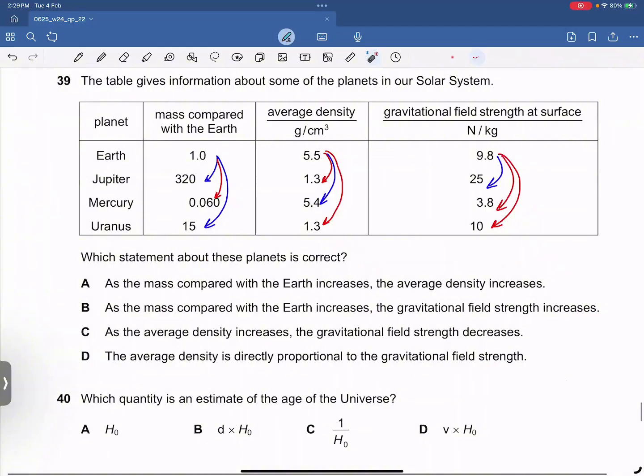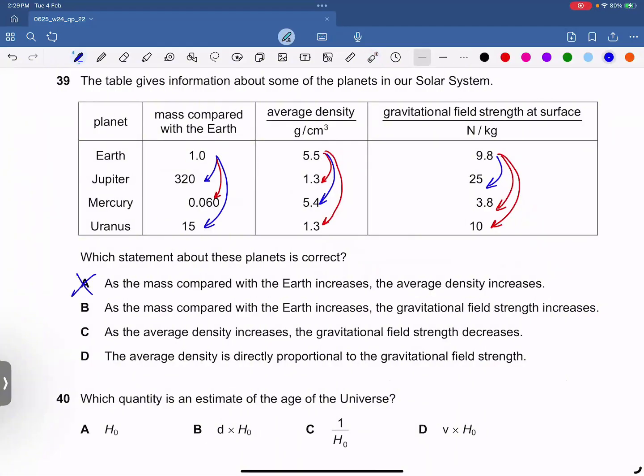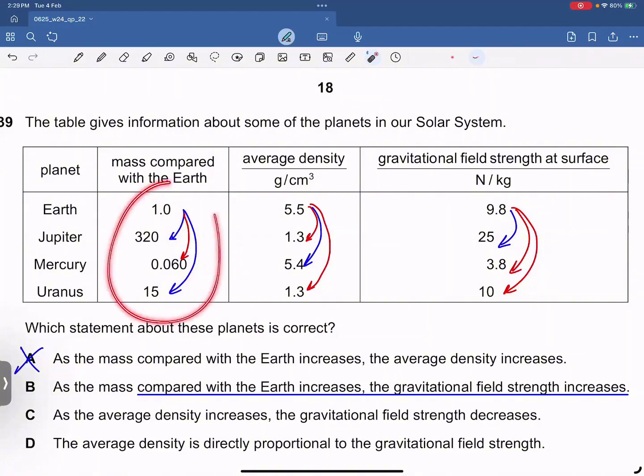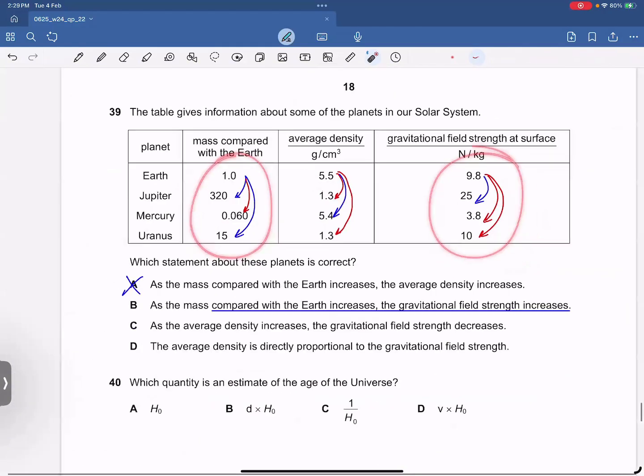Option A is wrong. As the mass compared to Earth increases, gravitational field strength increases. Let's check. More mass, more g. More mass, more g. So yes, they are in the same proportion. Option B.